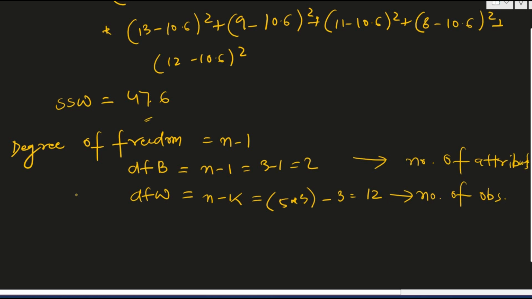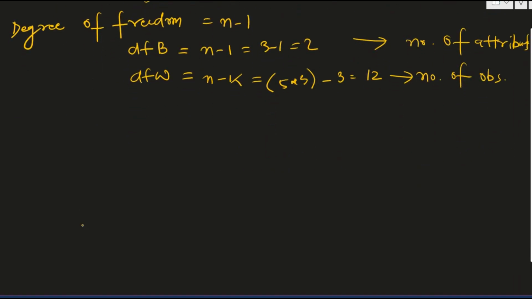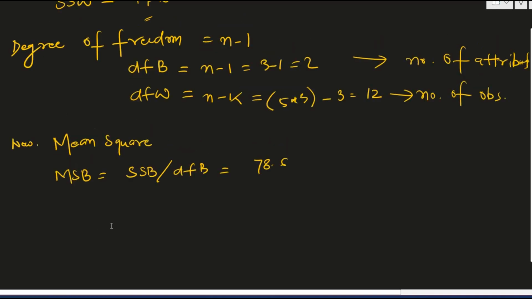Now we have to calculate the mean square value. The mean square between the group is nothing but SS divided by the degree of freedom in the group. So we have received 78.6.